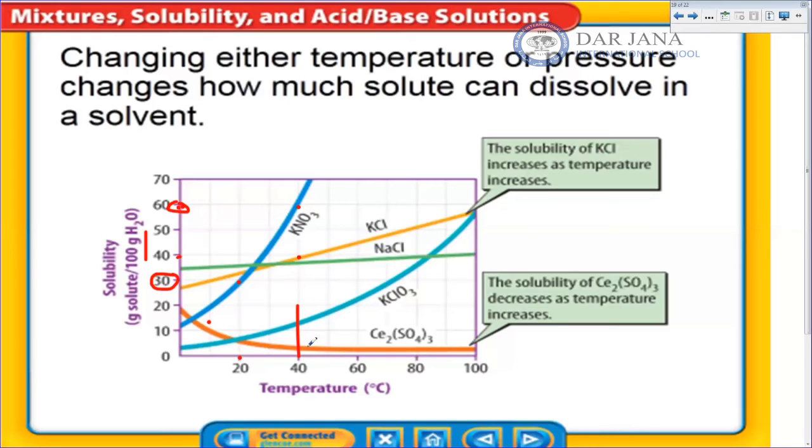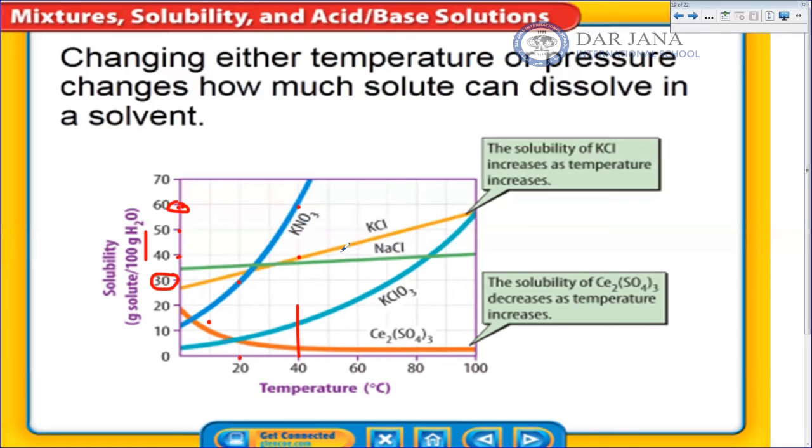So at 40 degrees Celsius, 39 grams of KCl is dissolved in 100 grams of water. While at 80 degrees Celsius, you move horizontally and see that it's about 50 grams per 100 grams of water. This means that as the temperature increases, the solubility of KCl increases. Both of these are solids.